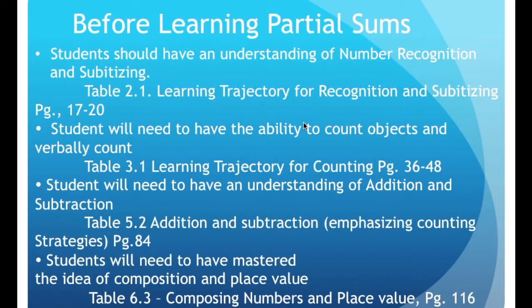Also, students need to have an understanding of addition and subtraction. And last but not least, students will need to have mastered the idea of composition and place value. All of the learning trajectories mentioned in this slide can be found in the Clements book, but they all play an integral role in students' ability to do partial sums addition.